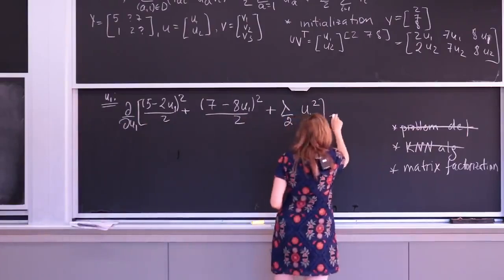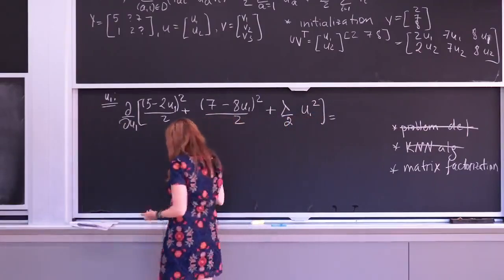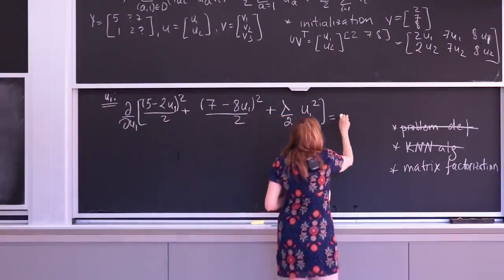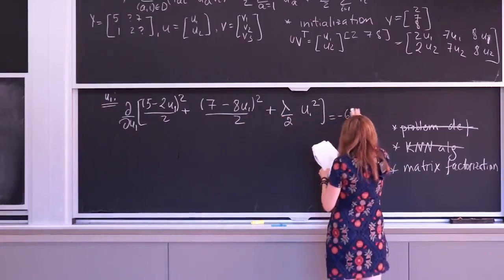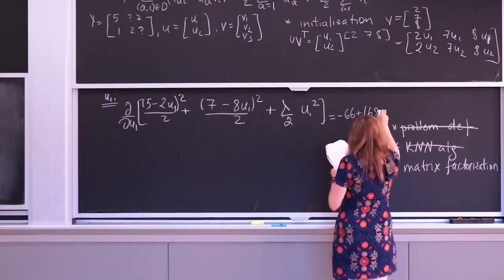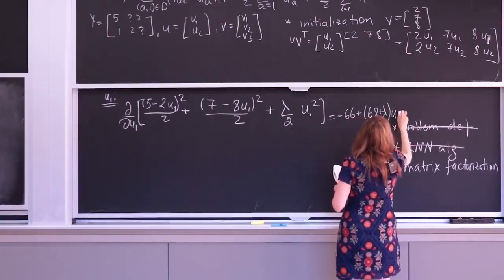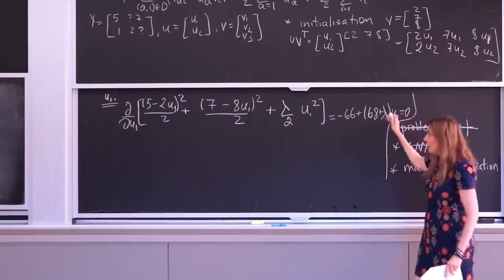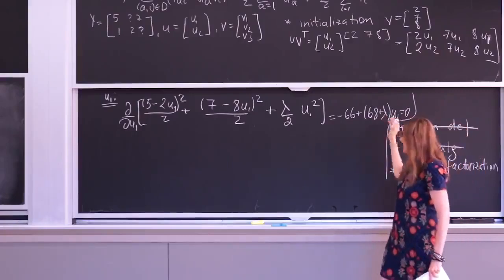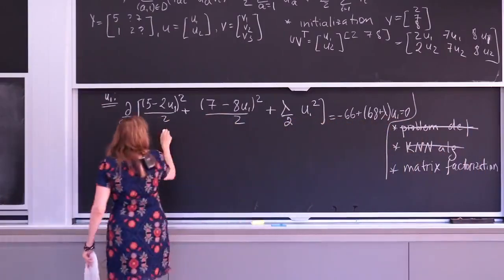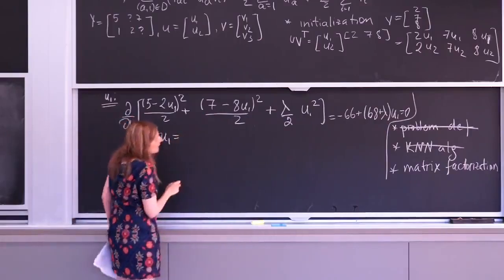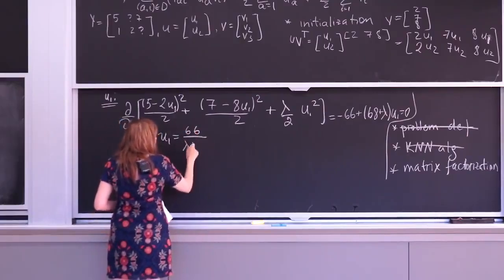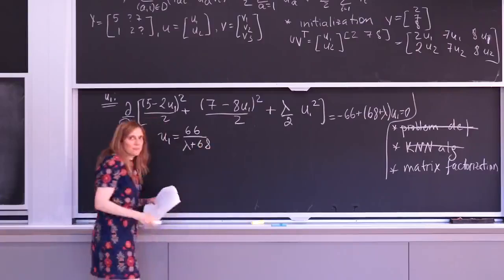I did this computation previously, and what you will get is minus 66 plus 68 u1 plus lambda u1 equals 0. This is the result of this derivative, and if we make it equal to 0 and compute u1, you will get u1 equals 66 divided by (lambda plus 68).